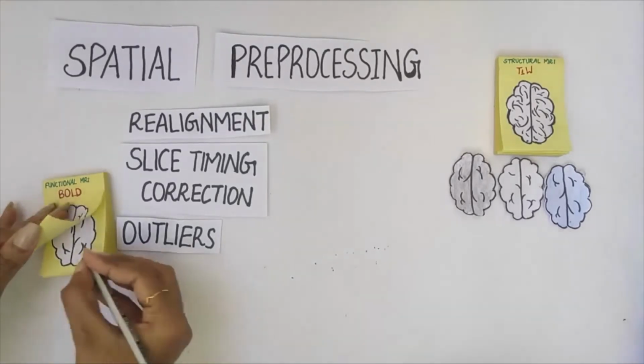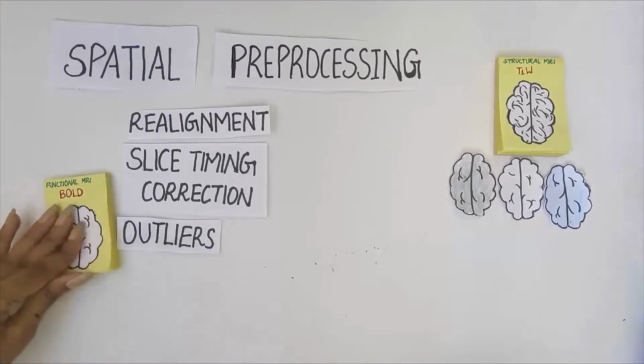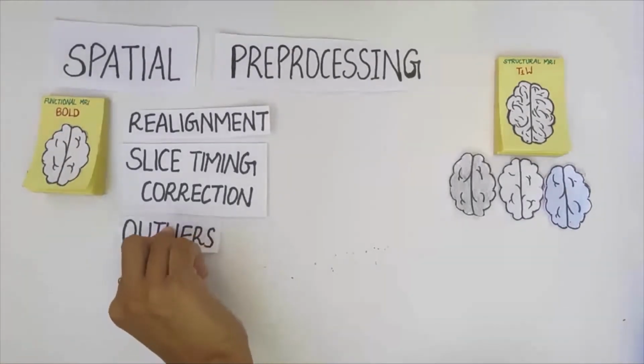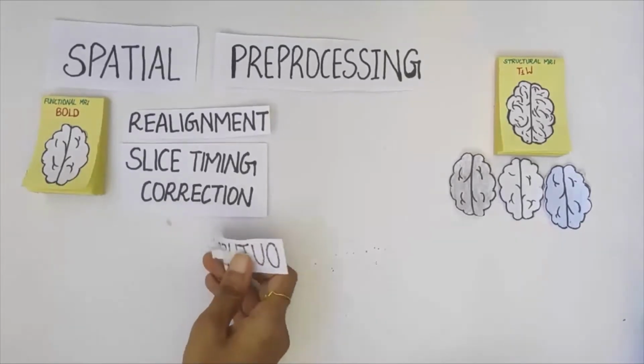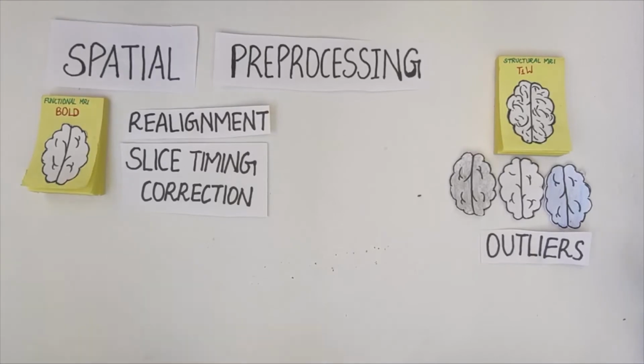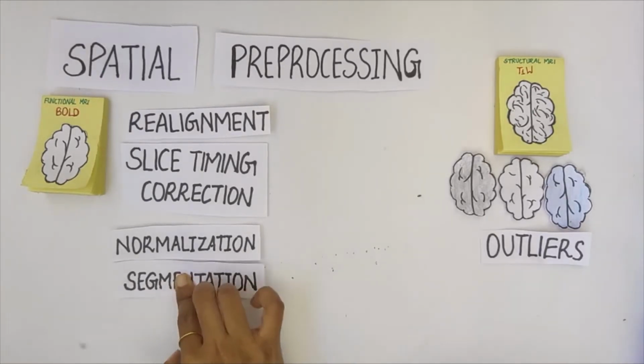So after marking these outliers, we save all of this information for later use. The next major step is to normalize the functional scans into the MNI space similar to structural volumes and to segment the functional volumes into different brain tissues.